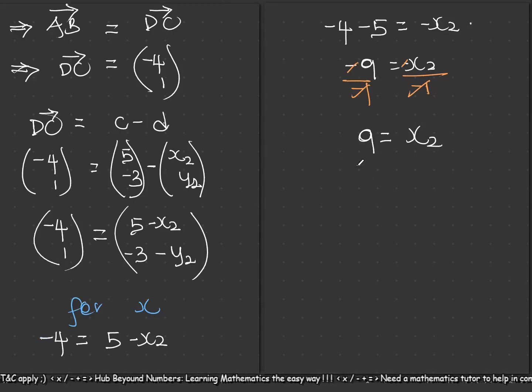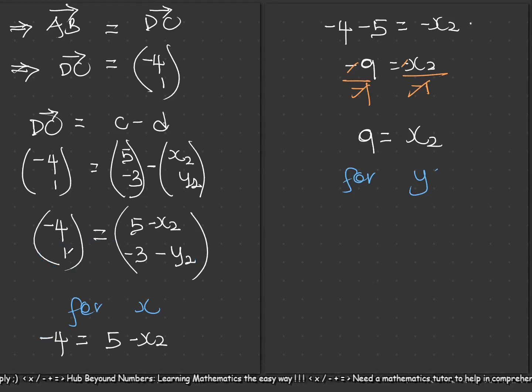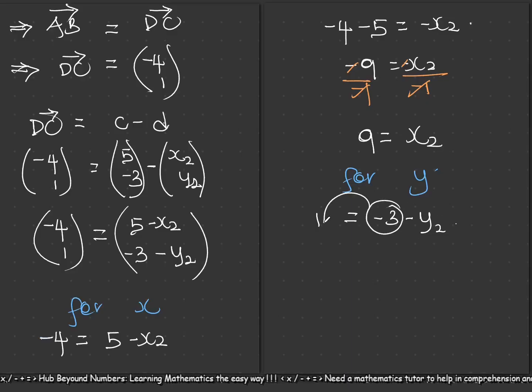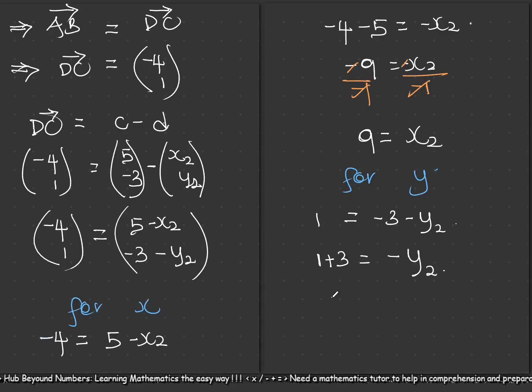We now do the same for y. For our y component, we have the equation 1 equals -3 minus y2. So -3 moves to the other side just as we did for the previous one, and it becomes a positive 3. 1 plus 3 gives us 4, so 4 is equal to -y2.